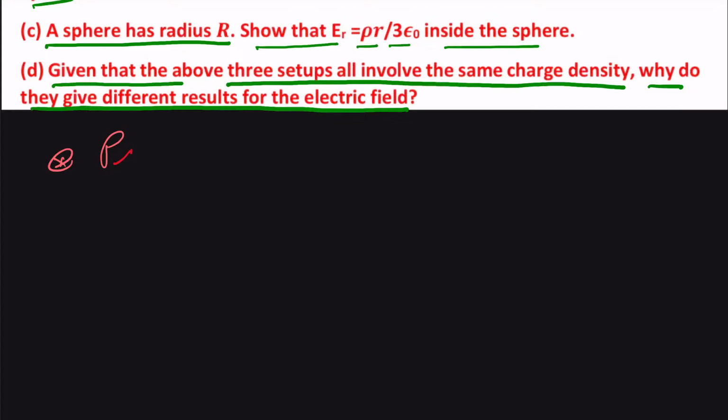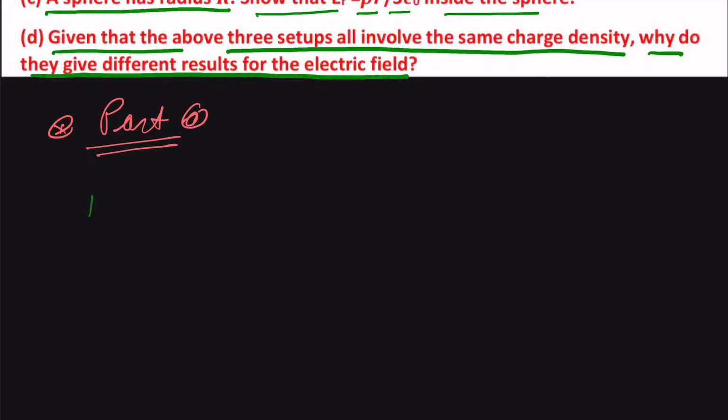So we have part A, and suppose a rectangular box is there. We have a rectangular box whose area is, suppose, A. And it extends from minus x to plus x.